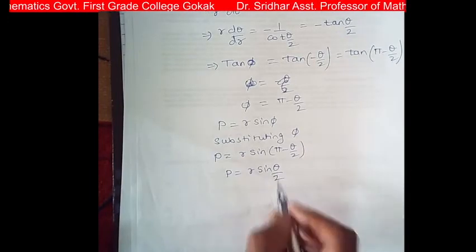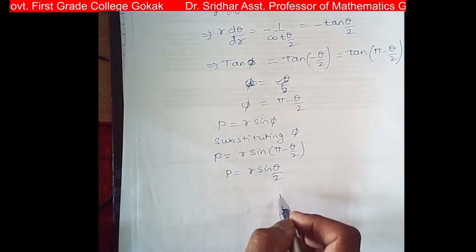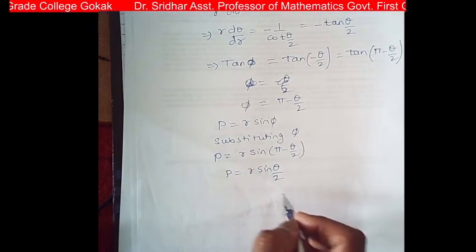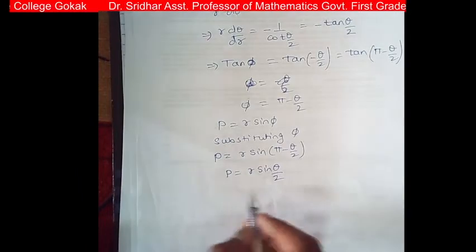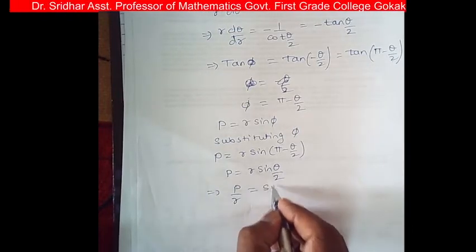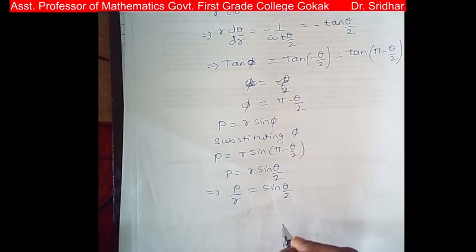P is equal to R sin theta by 2 you get. Then this implies, dividing throughout by R, P by R is sin theta by 2.